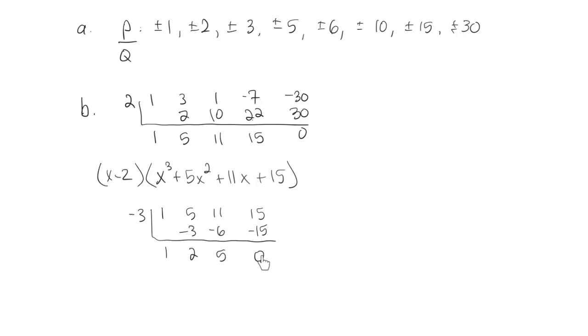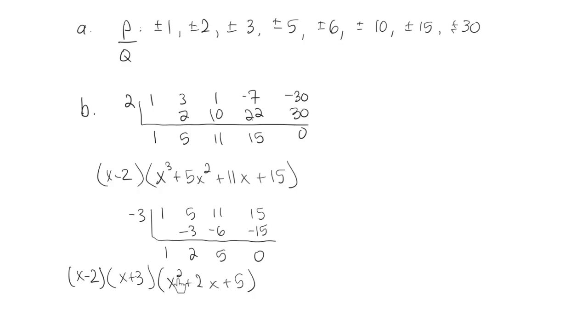So since we have a remainder of 0, we know that -3 is a 0 of the polynomial, and that from this set of 3 numbers here, x squared plus 2x plus 5 is a factor. We know that x plus 3 is a factor, and we already knew that x minus 2 was a factor. So we actually have 1, 2, 3 factors for the polynomial.